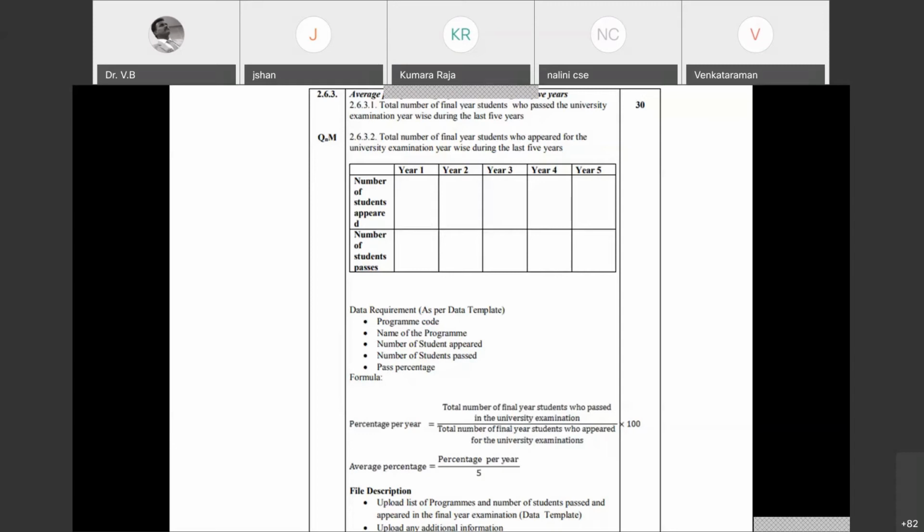And the 5 years data will be taken cumulatively, and an average of this would be calculated. Upload the list of programs, that is the data template.